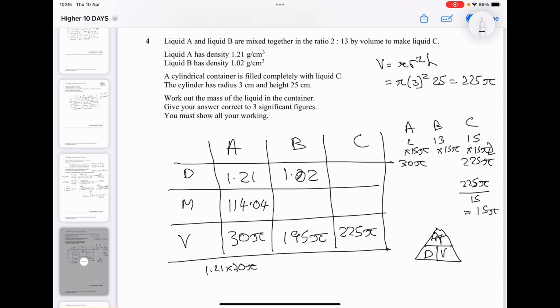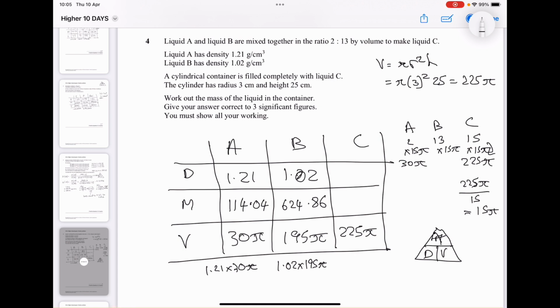And then I've got 1.02 times 195 pi, which is 624.86 to 2 decimal places.